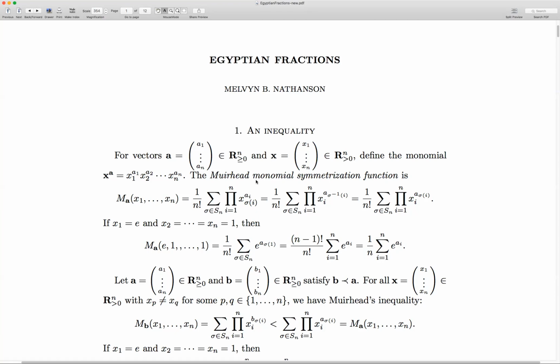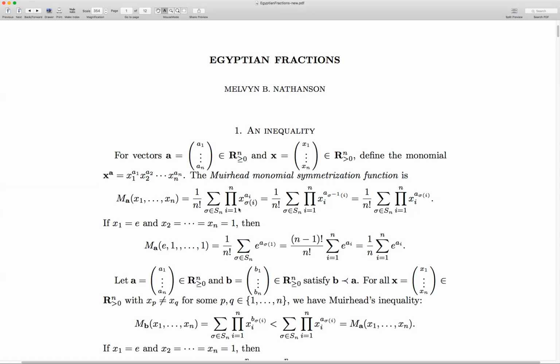So what you might call, if you like, excessively syllabic names, the Muirhead monomial symmetrization function, this M from Muirhead: you take every permutation sigma in Sn, the symmetry group, you look at this monomial, but where you've permuted the x's in all possible ways, and you take the average.